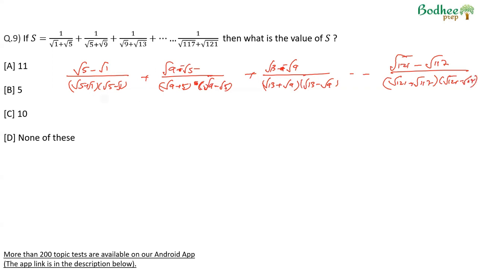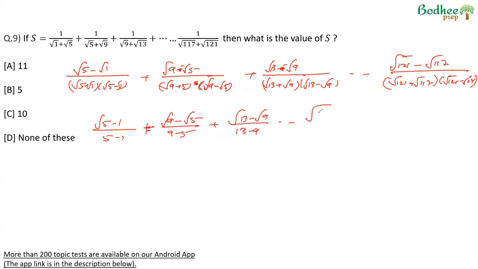Now the denominator becomes a plus b into a minus b, which will be root 5 square minus 1 square, which is 5 minus 1, plus root 9 minus root 5 upon 9 minus 5, plus root 13 minus root 9 upon 13 minus 9, and so on.